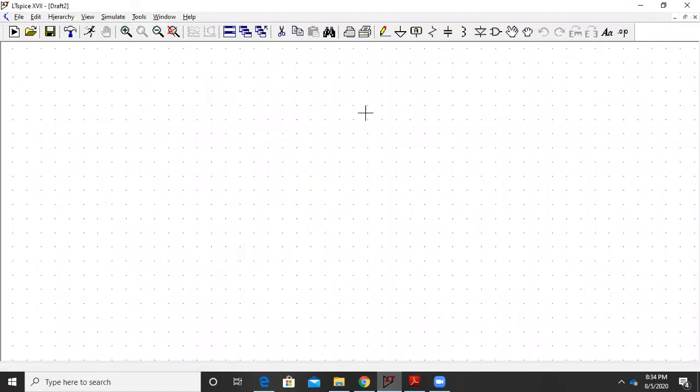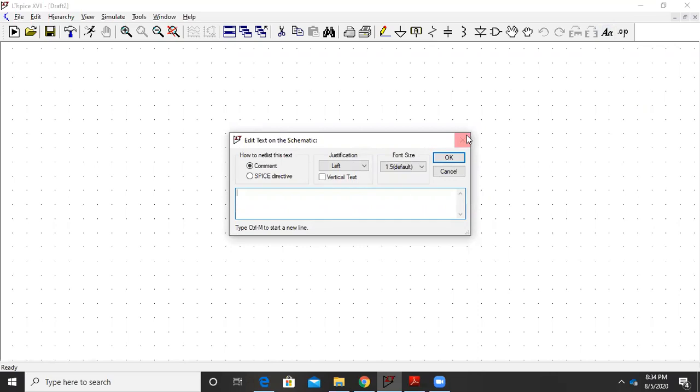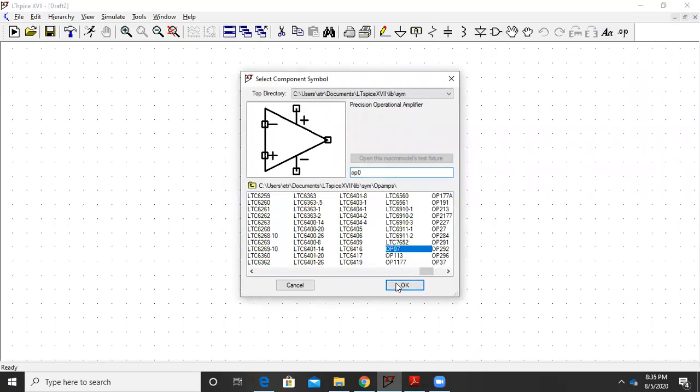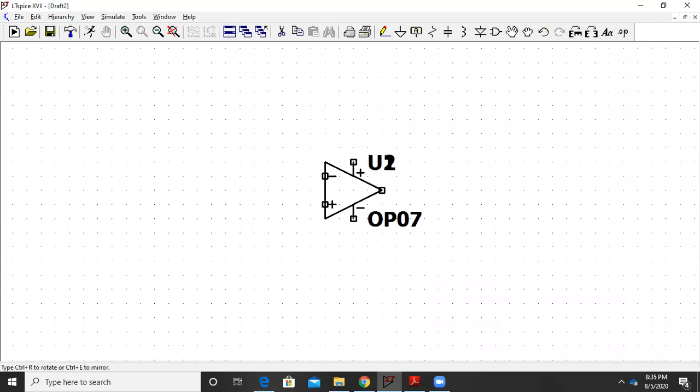So this is my LT-Spice window, and I will select from the component OP07, place it over here onto the screen. Then I have two resistors, one connected over here and another over here.